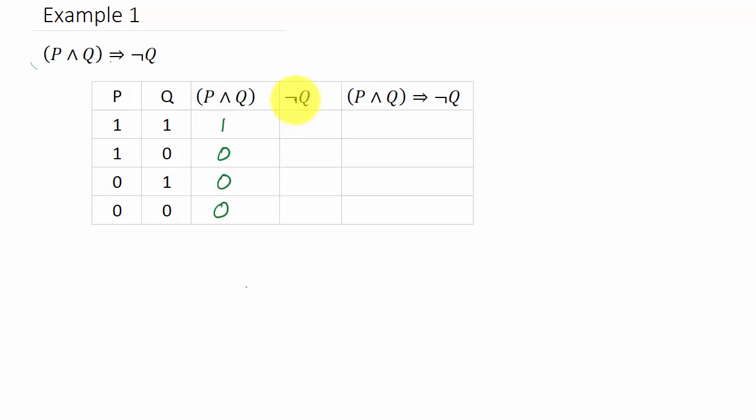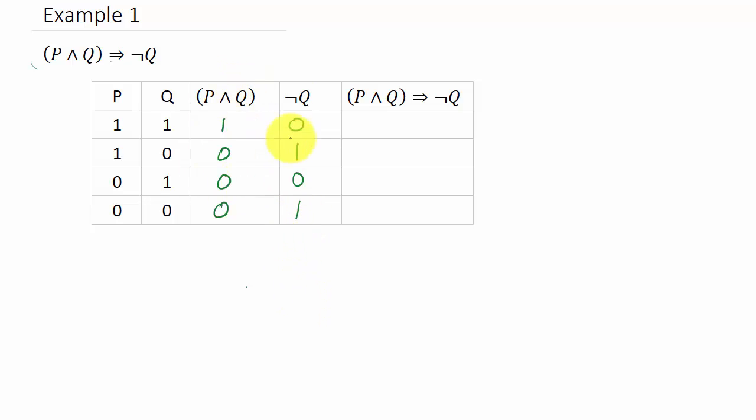Alright, now not Q. Remember, not Q is just going to be the opposite truth values of Q. So this is true, so this would be false. Here this is false, so that's true. This is true, so that would be false. This is false, so this would be true.